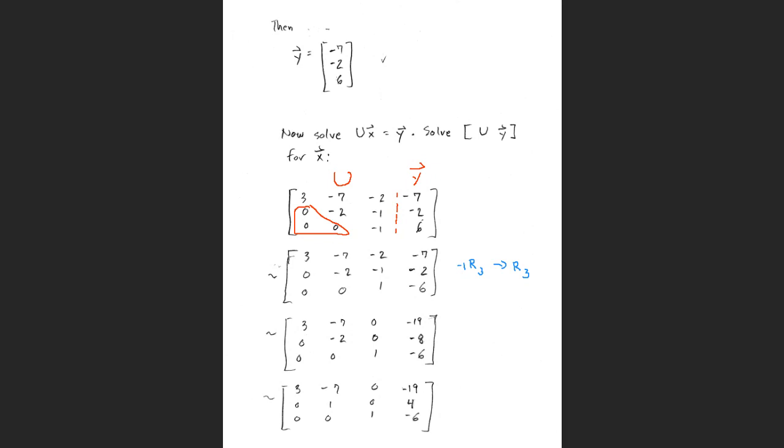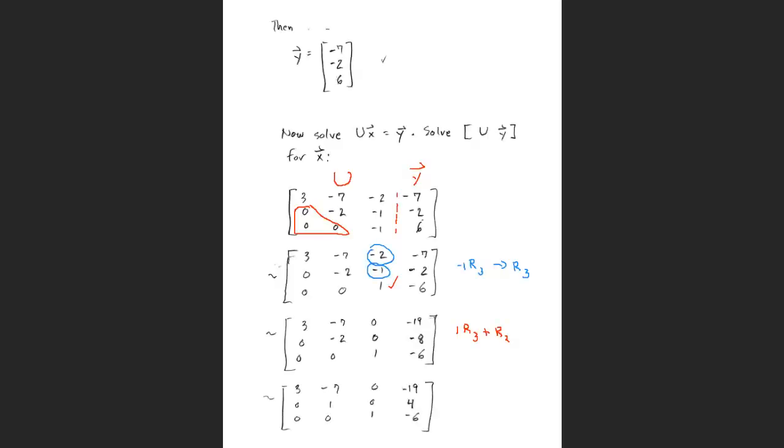We want to have zeros where the -1 and the -2 are now, so we'll use the 1 as a pivot. We'll multiply row 3, add it to the second row, and replace the second row with that result. And we'll take row 3 and multiply it by 2, add it to row 1, replace row 1 with that result.